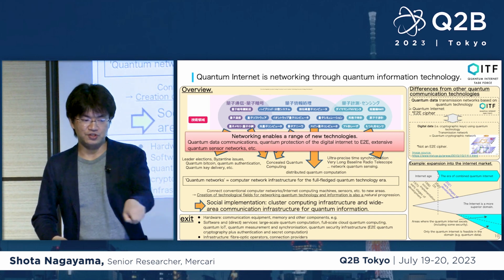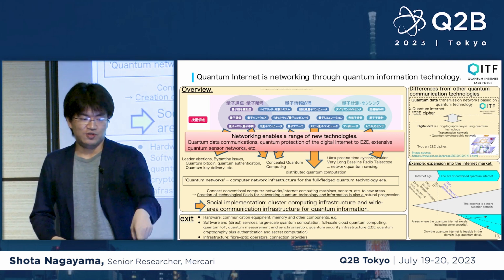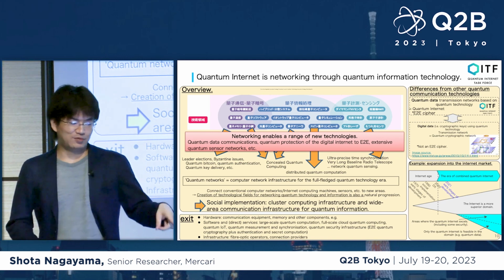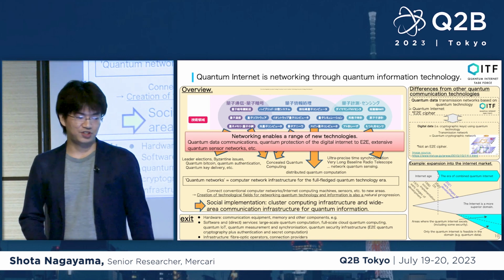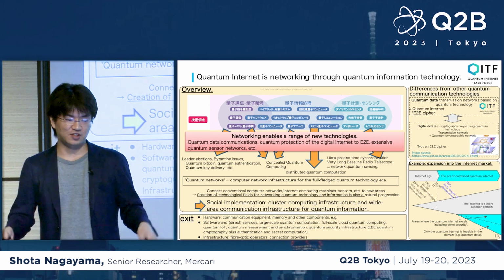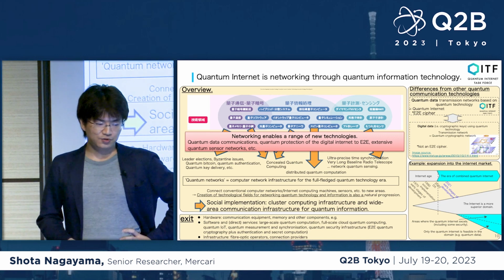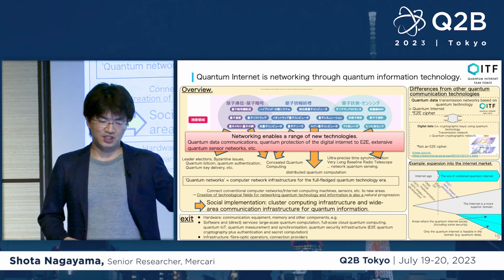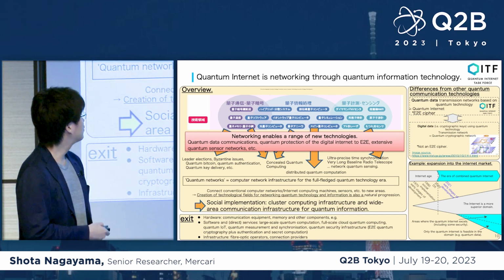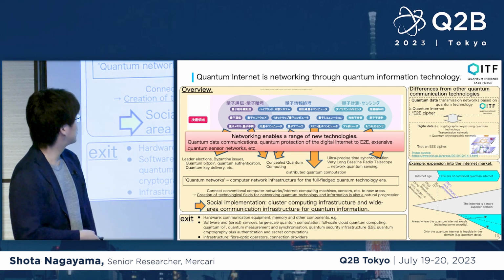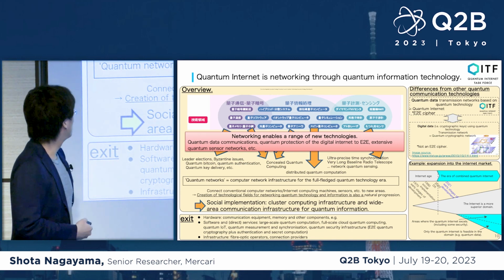The classical internet that you are using can also use a quantum interface network card and then transmit quantum data as well. So there are different ways, and quantum electronic data transmission will be enabled by the quantum internet.